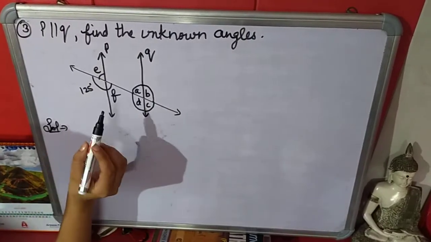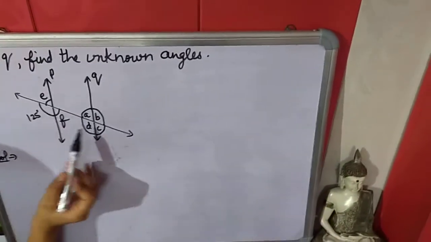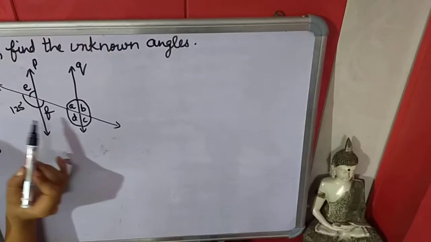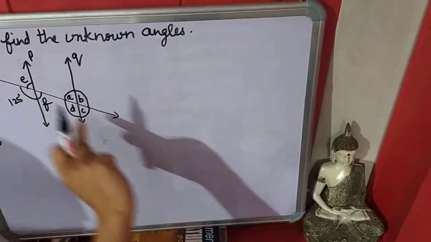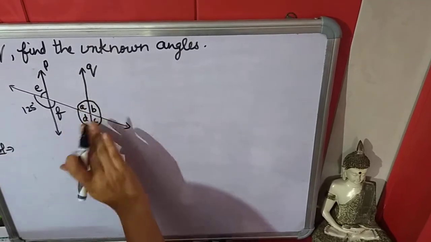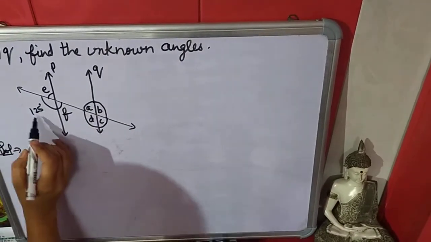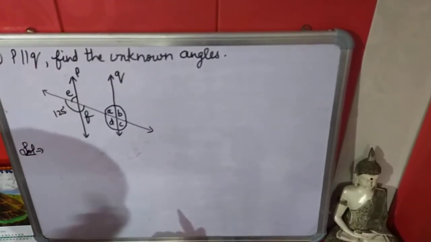Now look at this. Angle 125 and angle D both are corresponding angles. Turn it around and look. This is the transversal line. One is exterior, one is interior between these two parallel lines. So angle 125 and angle D are corresponding angles, and corresponding angles are always equal.